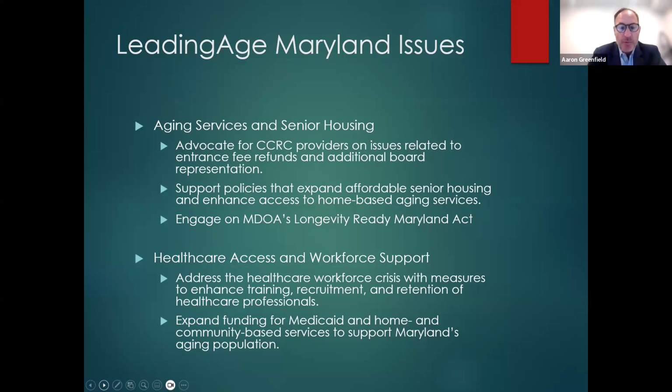Healthcare access and workforce support will continue to be a topic of conversation as the healthcare workforce crisis continues. So we'll look for measures to enhance training, recruitment, and retention of healthcare professionals. And as I mentioned, expand funding for Medicaid and home and community-based services to support Maryland's aging population.